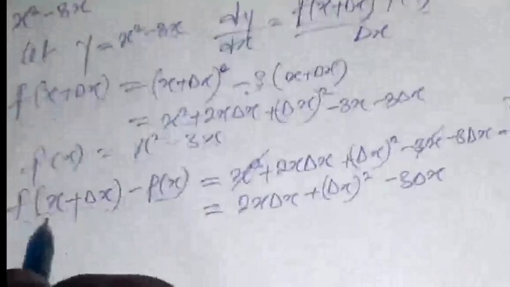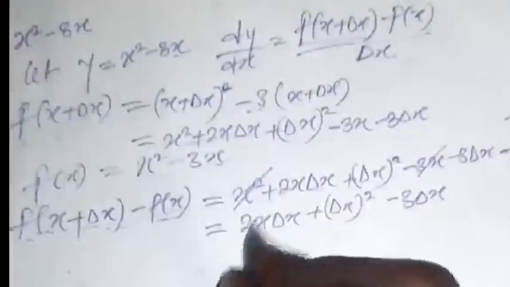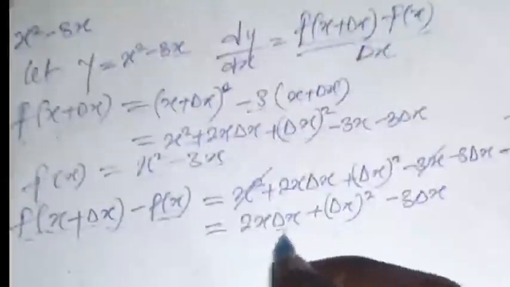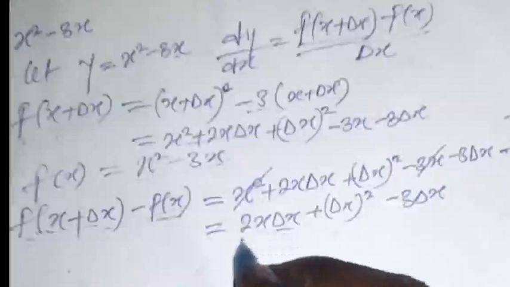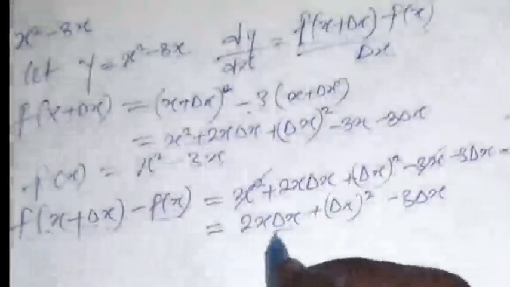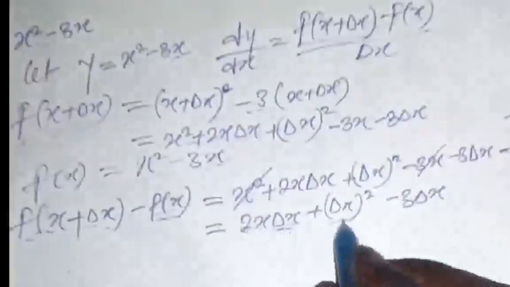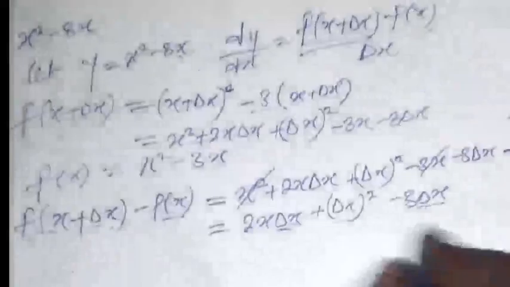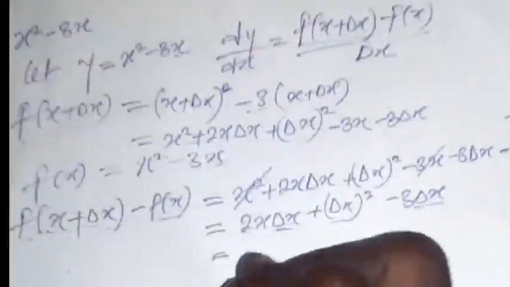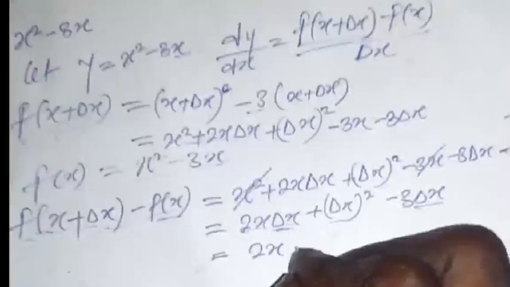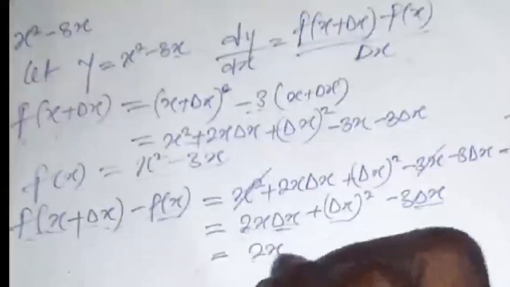We evaluate function of x plus delta x minus function of x. Then we evaluate this. But before we evaluate this, let us factor out delta x, because we have it in the three terms that we have. The first term we have delta x, second term we have delta x, and here too. Then we can factor out delta x. We have 2x. When we factor out delta x, 2x remains.